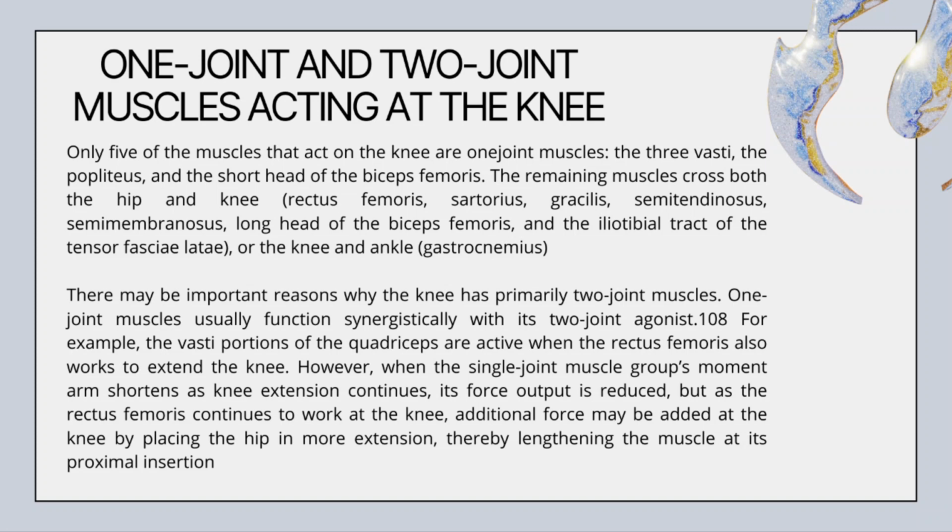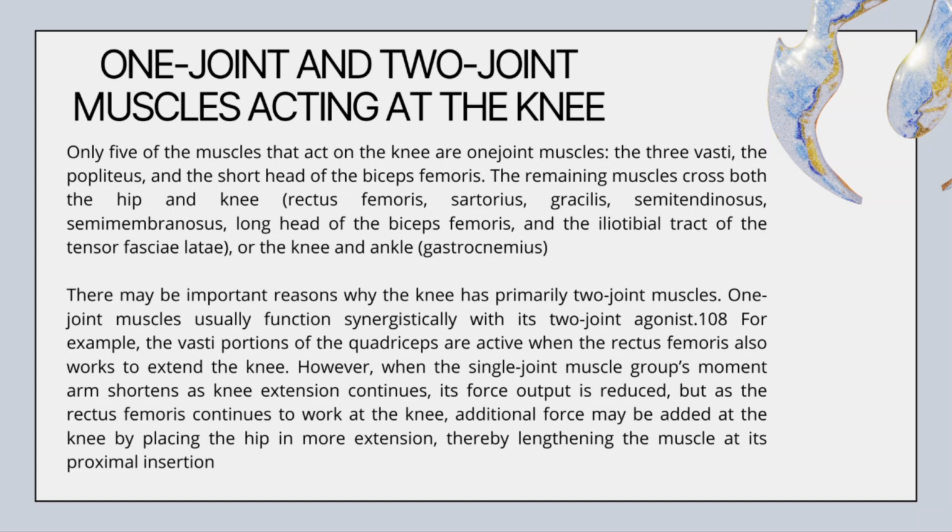However, when the single joint muscle group's movement arm shortens as knee extension continues, its force output is reduced. But as the rectus femoris continues to work at the knee, additional force may be added at the knee by placing the hip in more extension, thereby lengthening the muscle at its proximal insertion.